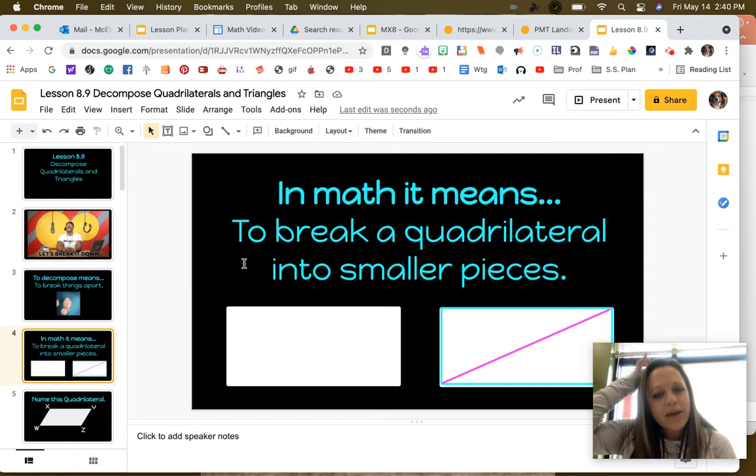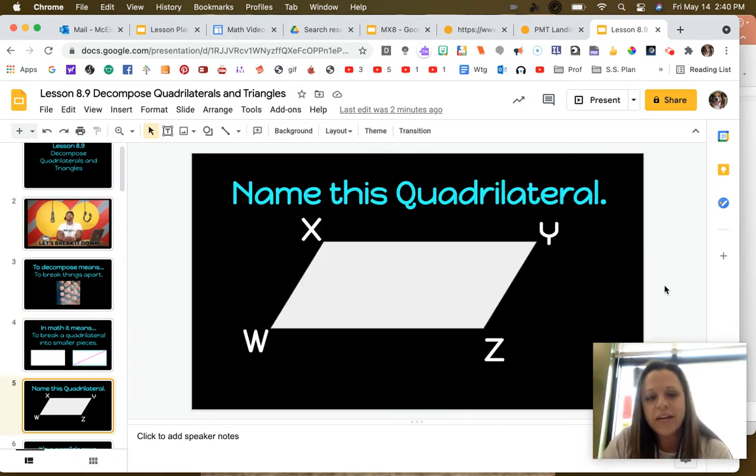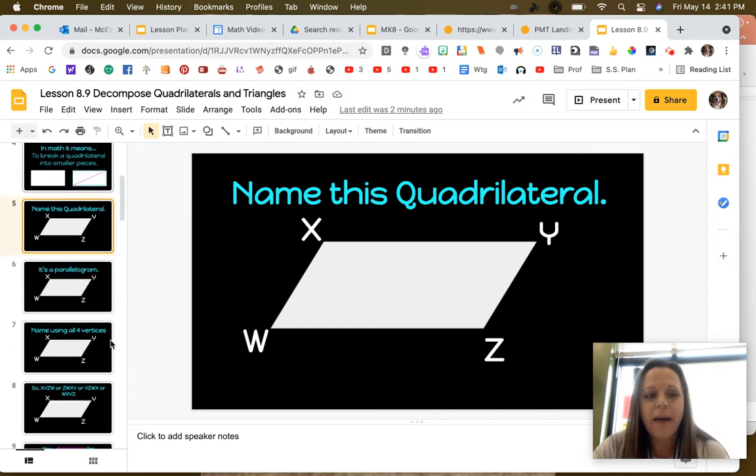All right. So in math, decomposing means to break a quadrilateral into smaller pieces. So here is a four-sided figure, which is a quadrilateral, and I'm going to break it into two triangles. So here is a quadrilateral. We're going to name it.